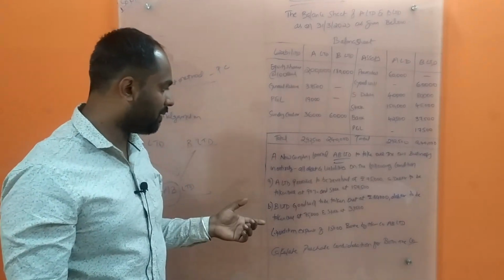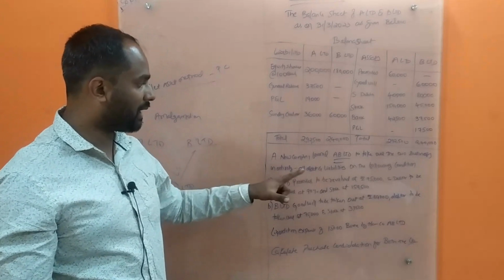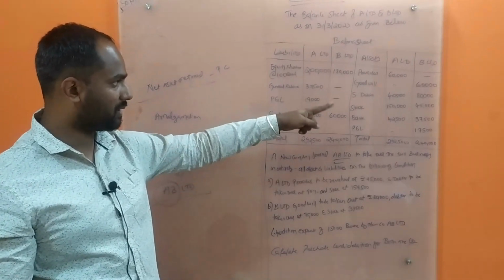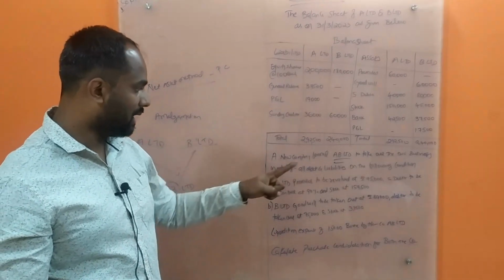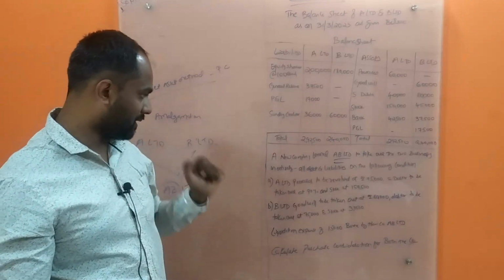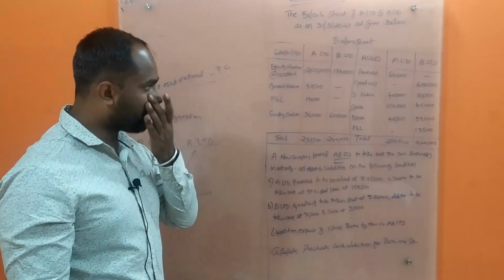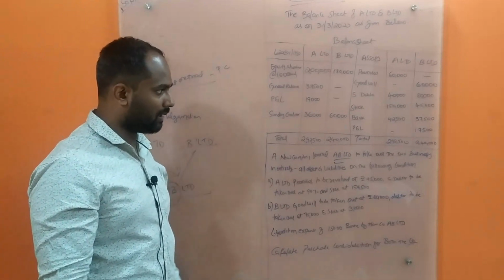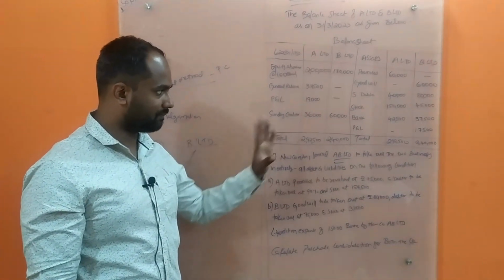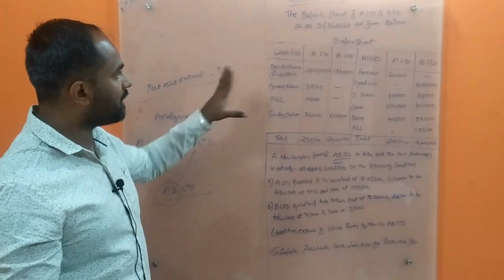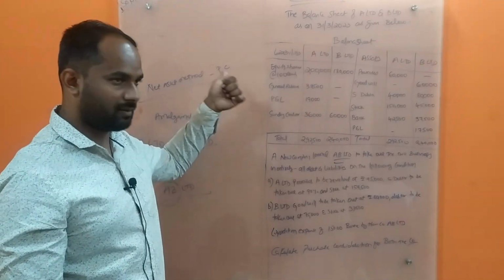Same thing for B Limited: goodwill is to be taken over at 80,000. So instead of 60,000 they are taking over at 80,000, debtors at 75,000 and stock at 37,500. Bank will be considered at book value itself. On the liability side, equity share capital will not be revalued.